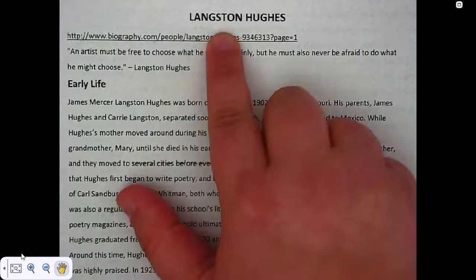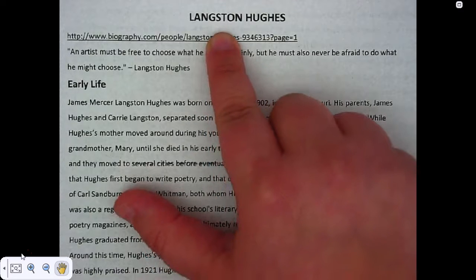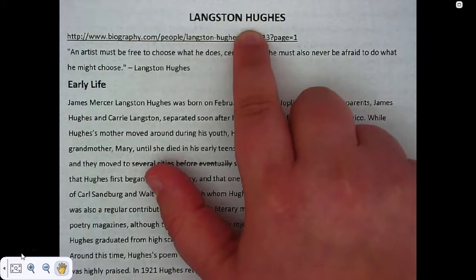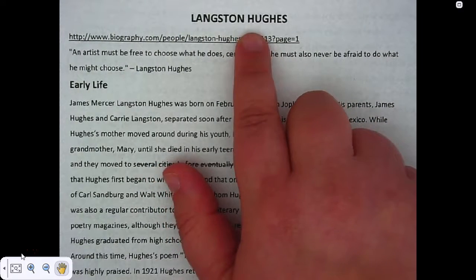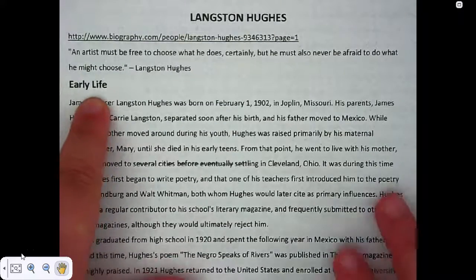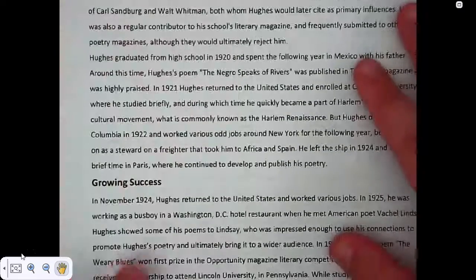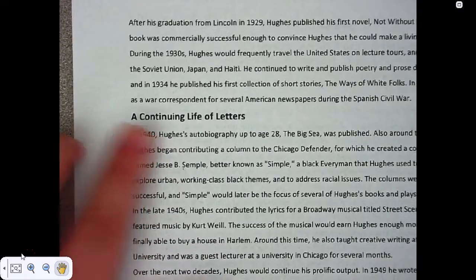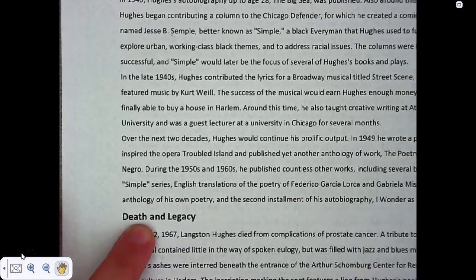First, I notice that the title of the piece, Langston Hughes, is simply a name. So that tells me it might have something to do with that particular person. We have some subheadings throughout the piece, such as Early Life, which is the first subheading in the section. And then we've got Growing Success. If I continue on, we've got A Continuing Life of Letters and Death and Legacy.